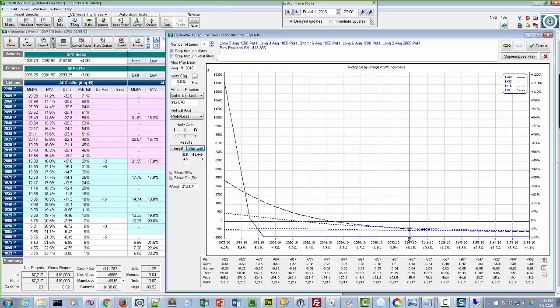Now, conversely, if we dropped off to, say, 2080, for example, you see there's more money to be made by letting the position run.